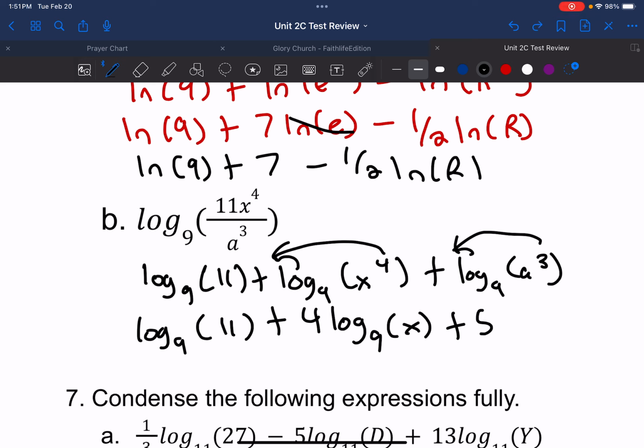Oh, not 5. That's a 3, right? Yep. 3 log base 9 of a. So when you're expanding, all you're doing is break apart the fraction first, then if there's exponents, move the exponents to the front.